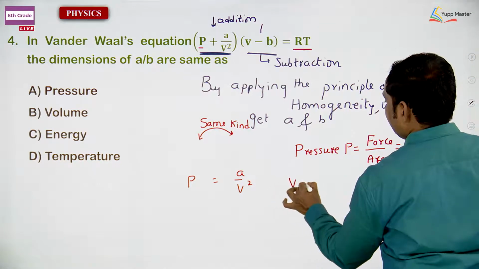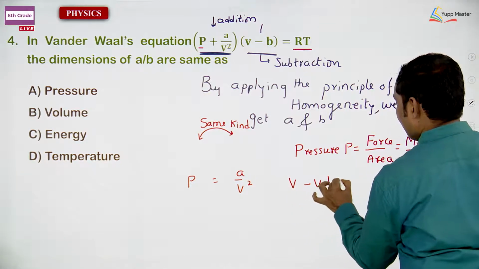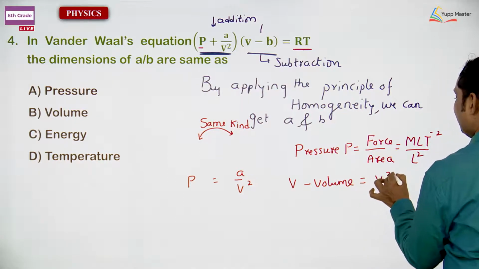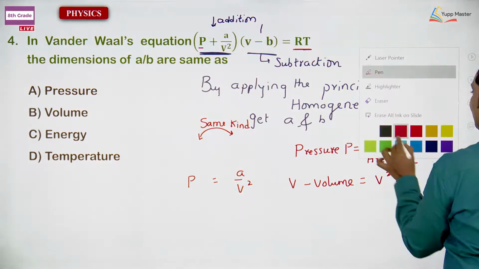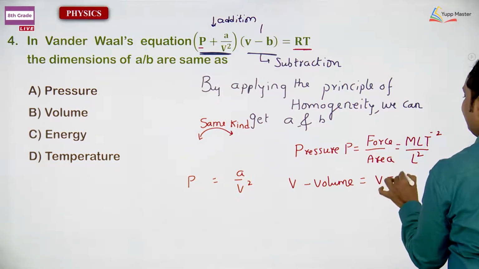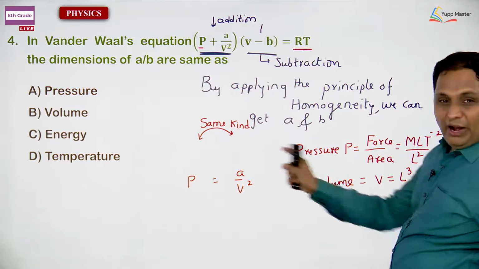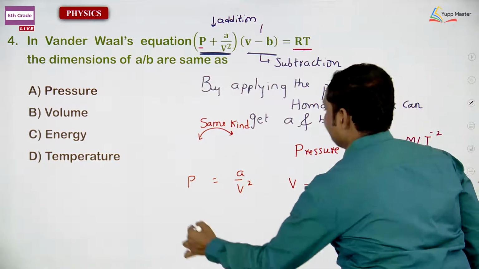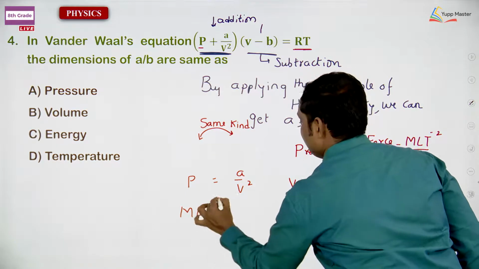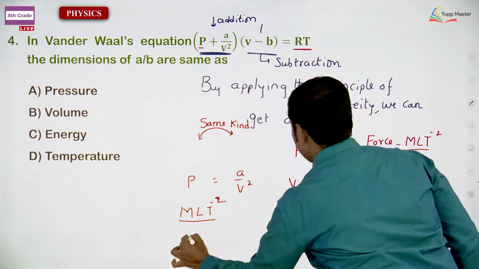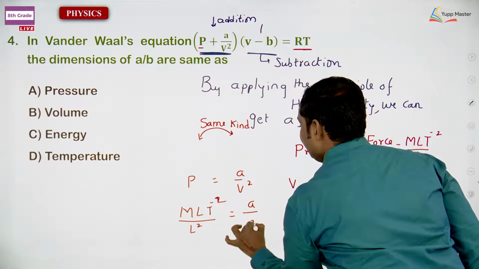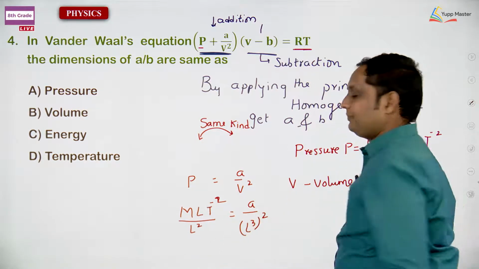So, V is volume. V is equal to L cube. Just you have to put that in the equation. You should get mLT minus 2 by L square is equal to A by L cube whole power 2.